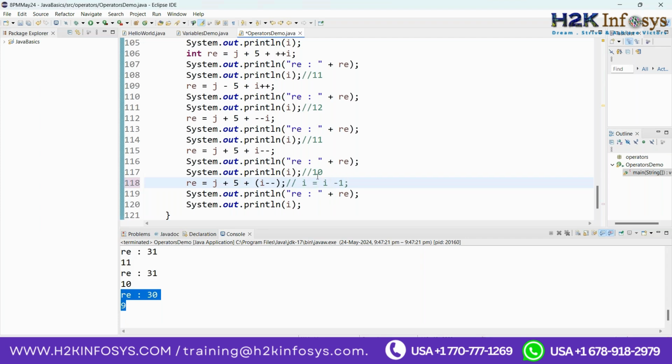Because the i value is 10 here, 10 minus 1. So even when you are using parentheses, it is not changing. Observe this.